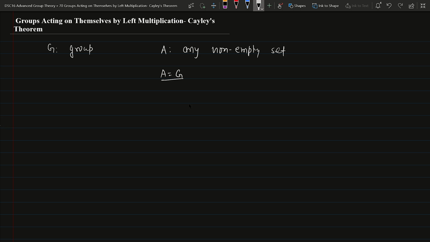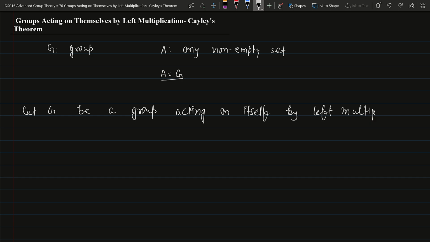So let G be a group acting on itself by left multiplication.